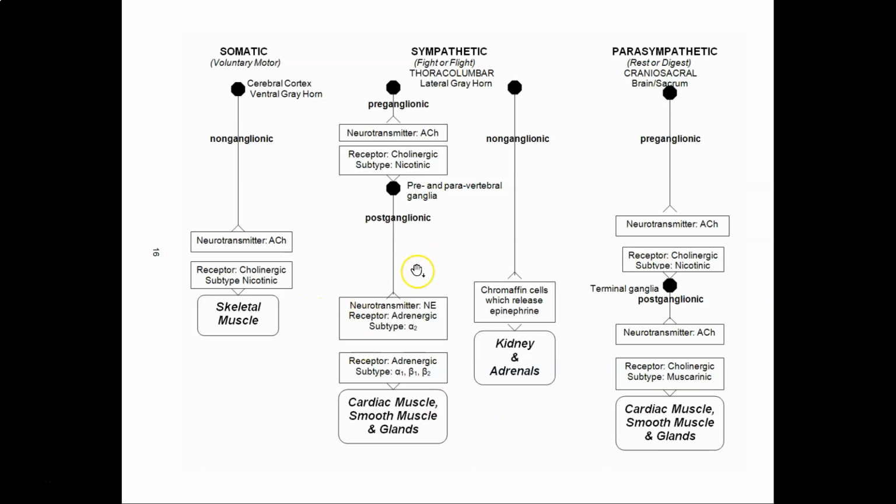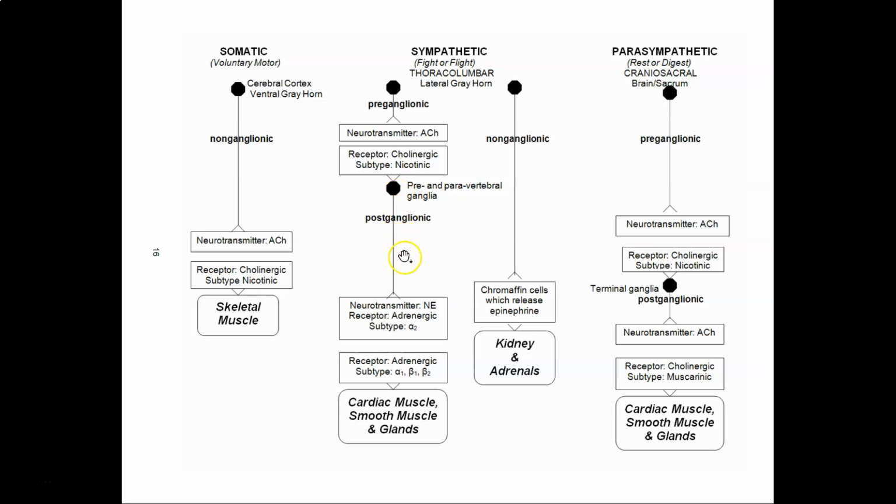All right. So as a quick summary, right, not all, we'll see the exception in a second, most of the sympathetic fibers are characterized by a short preganglionic fiber arising from the lateral gray horn. It releases acetylcholine to nicotinic receptors. The cell body is located in the pre- and paravertebral ganglion.